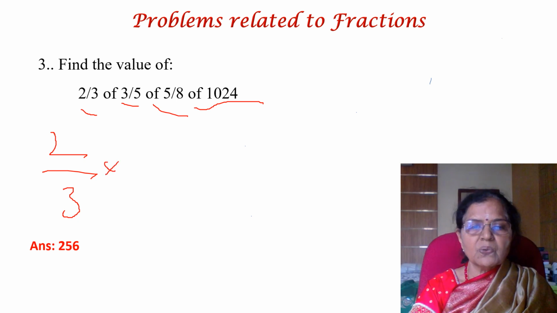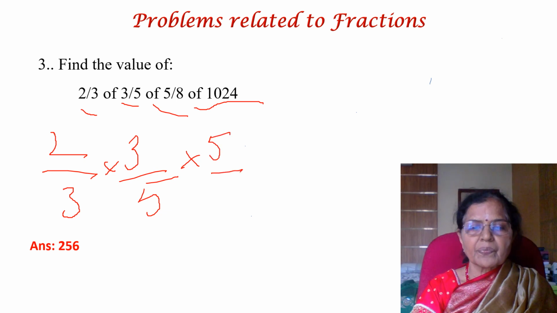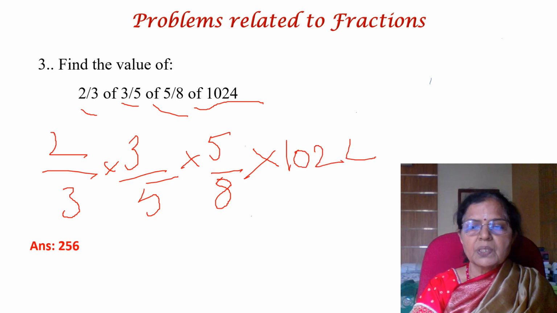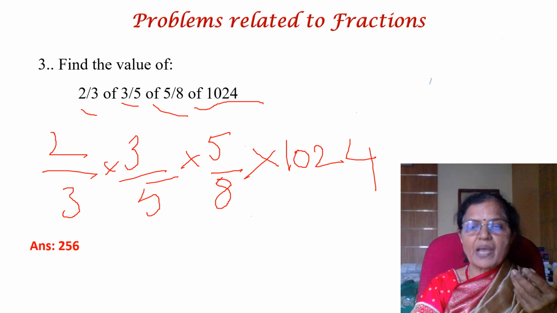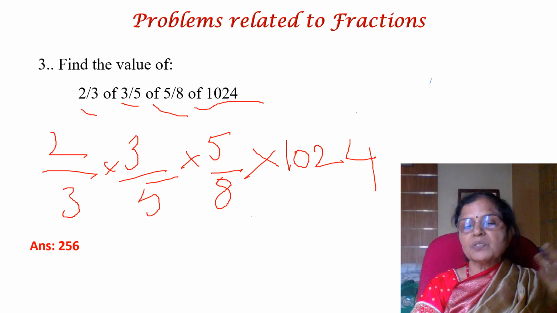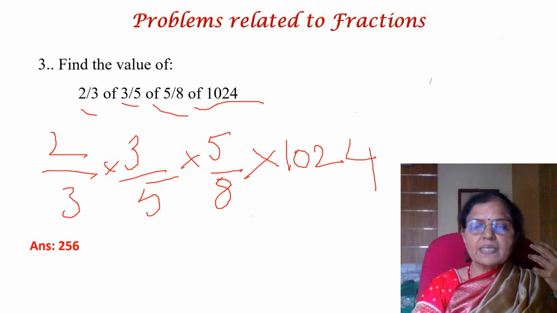Don't change the numerators and denominators, write them as they are, of 5 by 8 of the integer 1024. You can rewrite this as 2 by 3 of 3 by 5 of 5 by 8 of 1024. It's the same. Now you can easily simplify them.